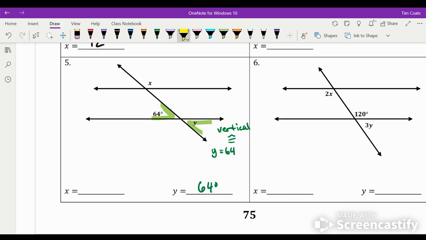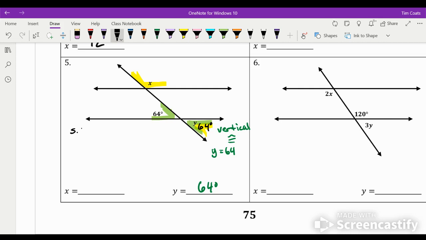Then let's look at, okay, so I know y is 64. Now I want to look at x. So if I grab x here, does x match up with the original 64? It does not. It is not one of those original angle pairs we looked at. But x does match up with y down here as same side exterior.